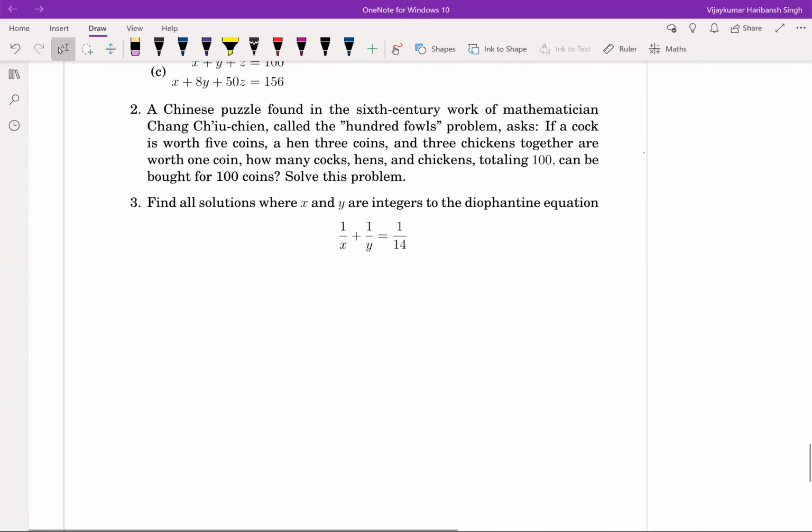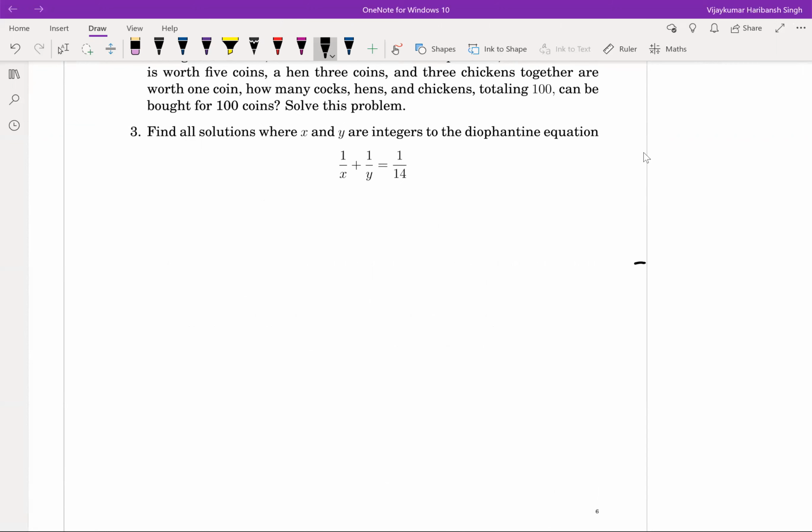Right. Now, there is another connection I want to build with linear algebra. So you have already seen that. So let me write down this thing: ax plus by equals c. This can be seen as a system of linear equations. Actually, there's only one.